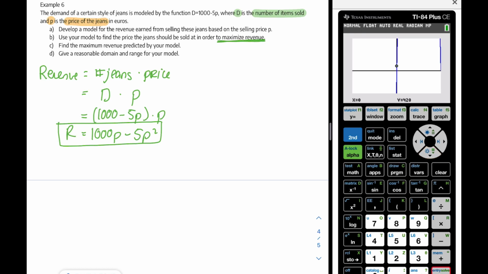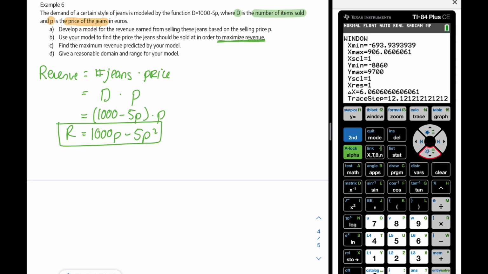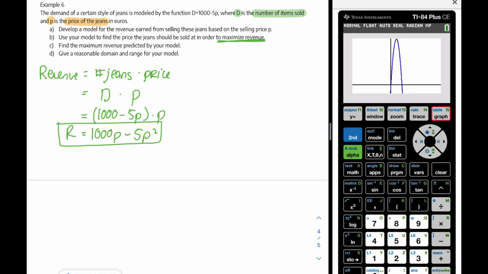Okay, I'm starting to see my other x-intercept. Now maybe I'm going to need a little bit more in the y maximum. So y maximum, let's change that right now. There we go. Now we see a maximum.